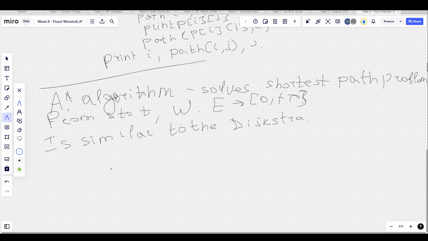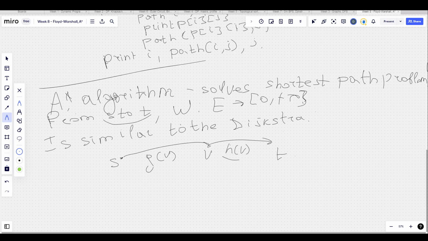Once again, we consider we want to find paths only from S to T, and in this case we create two functions.